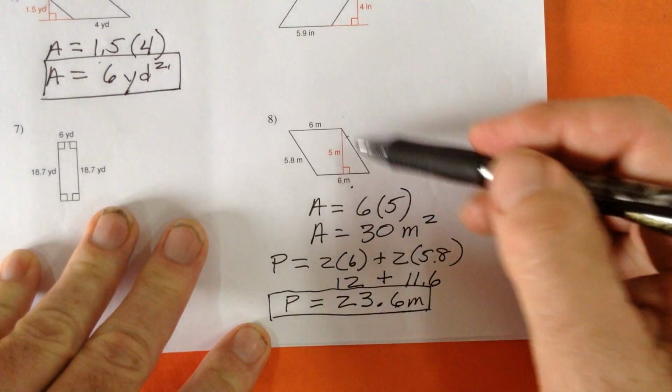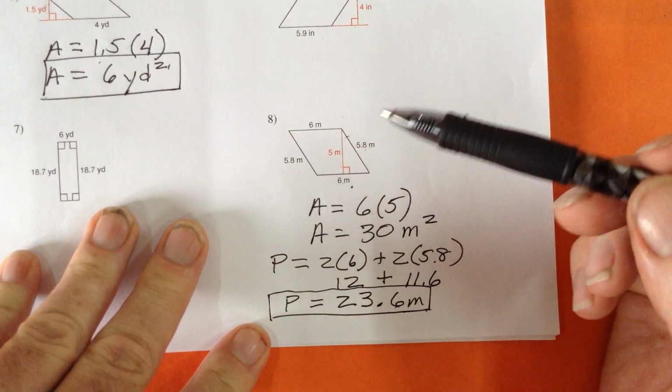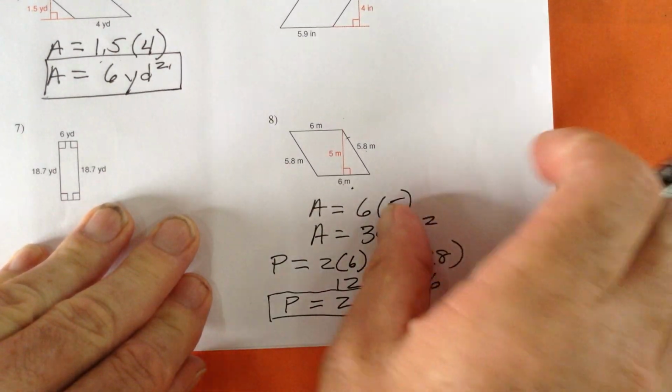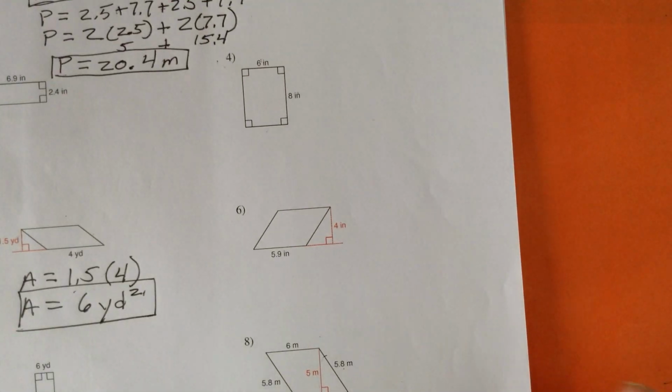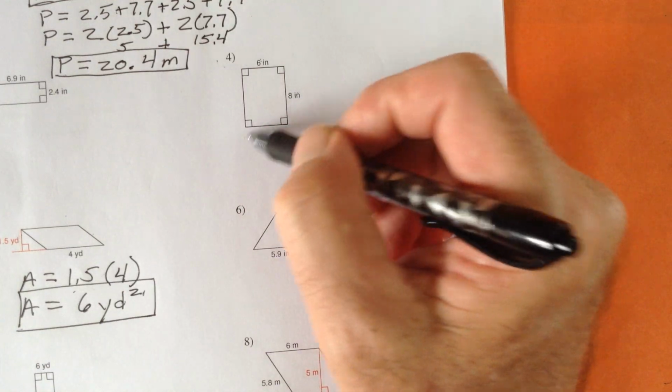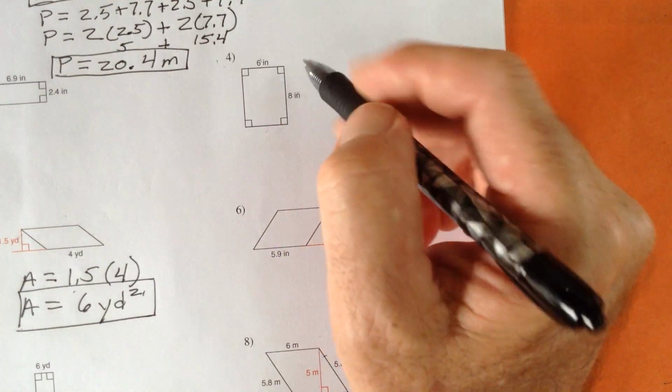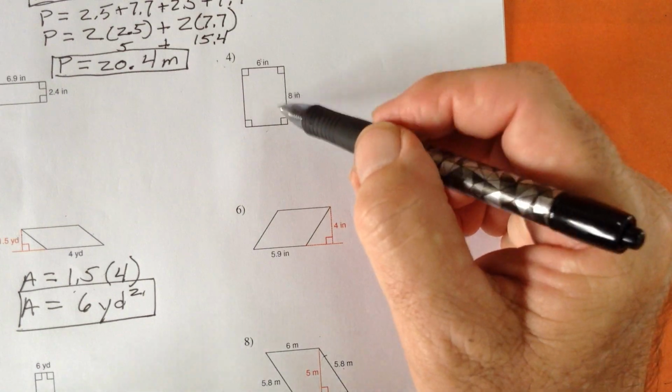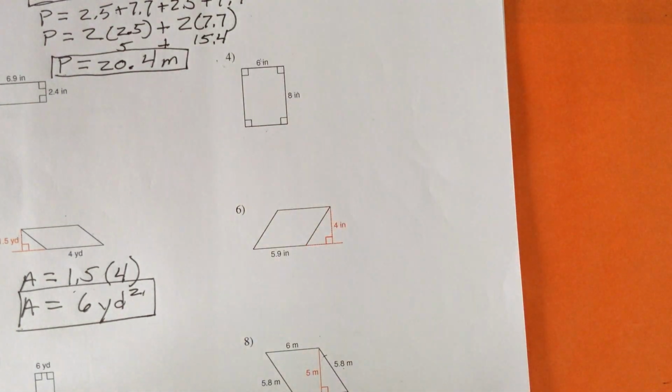Okay, so that's the difference between a rectangle and a square. Rectangles and squares, you take the base times the height, or the length times the width, and you multiply them to find the area, and then you add up all the sides to find the perimeter.